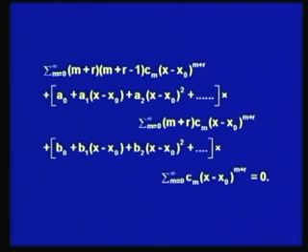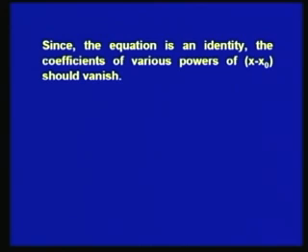So in the second term we have the series sigma m equal to 0 to infinity (m plus r) into Cm into (x minus x naught) to the power m plus r, and then in the last term we have S of x into y. So for the power series for S of x, we write b naught plus b1 (x minus x naught) plus b2 (x minus x naught) whole square and so on, and multiply by y, that is sigma m equal to 0 to infinity Cm (x minus x naught) to the power m plus r, equal to 0.